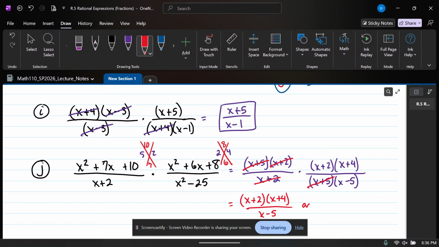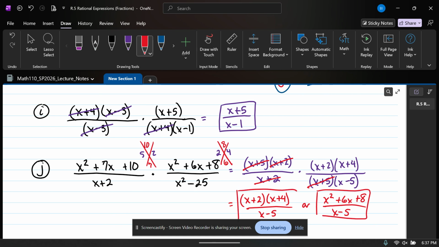Or they may write it out multiplied. I usually leave them factored when I'm doing it, or when I'm writing the test, but I don't know how the final is going to do that. So I'm going to go ahead and multiply that back together and get x squared plus 6x plus 8 over x minus 5.